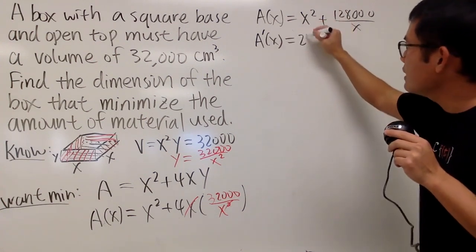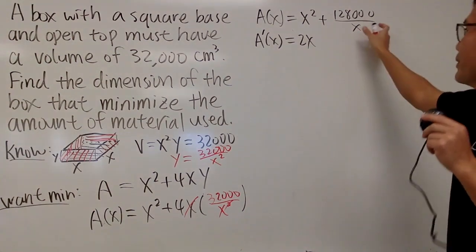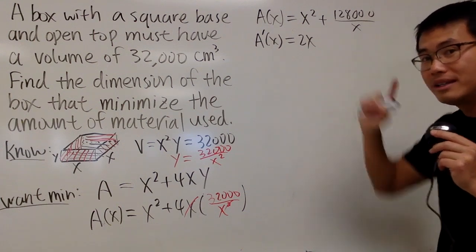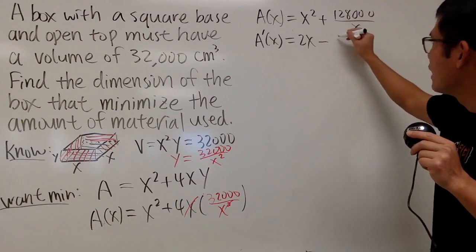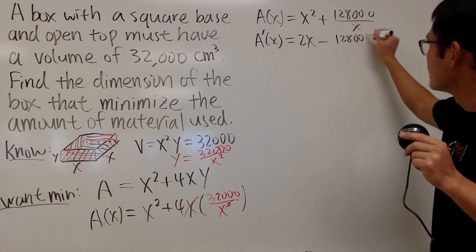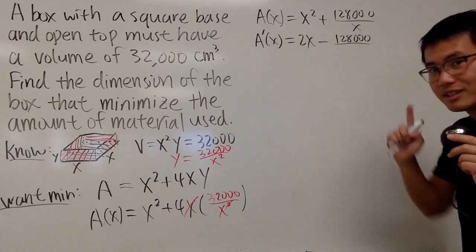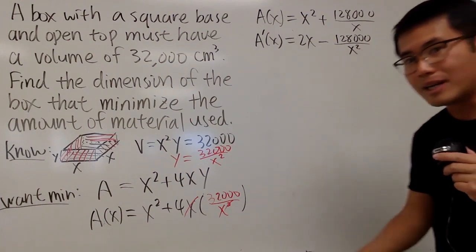Differentiating this, we get 2x, and then differentiating this, do not use the quotient rule, because if you put the x on top and look at it as x to the negative 1 power, it's easier. So bring the negative 1 to the front, so we have negative 128,000 times x to the negative 1 minus 1 power because of the power rule. So we have x to the second power on the bottom.